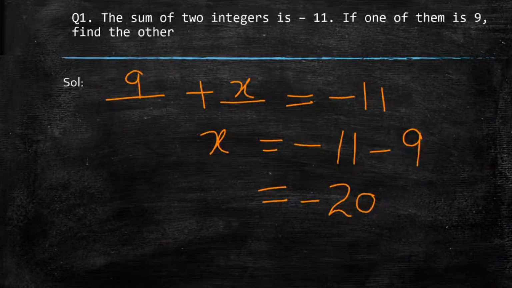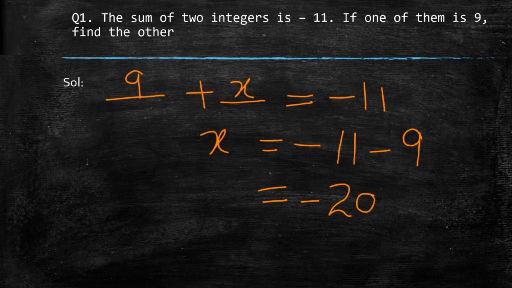So, what we have done here in this question: it was given that the sum of the two integers was minus 11. Sum of the two integers minus 11 है. You need to find out one integer when another integer is given to you. Means एक integer आपको दिया हुआ है. You have to find out the other integer. So the other integer I'm taking as x. And so how we are going to write down: 9 plus x is equal to minus 11.